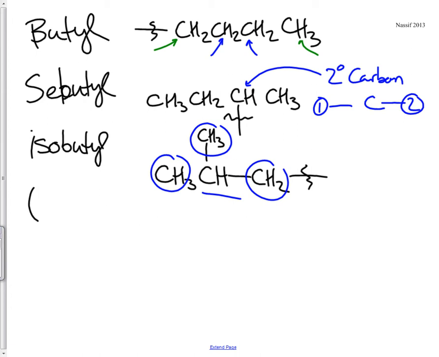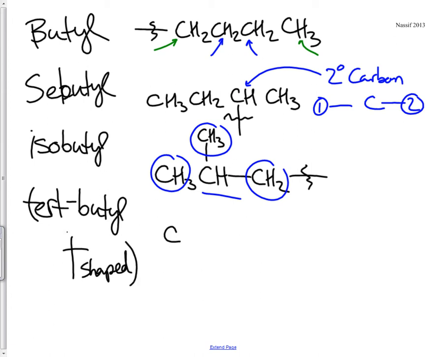Our last group is what's called the tertiary butyl group, or for short, tert butyl. In the same format, you have a T-shaped. So that's what you want to think. T-shaped. So you have your CH3, bound to carbon, CH3, to CH3.